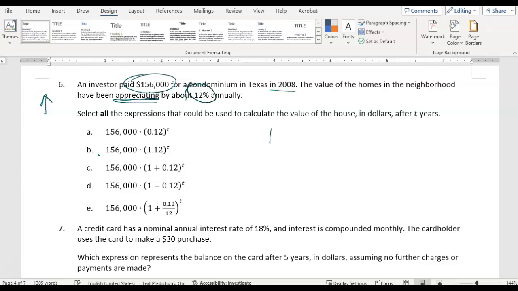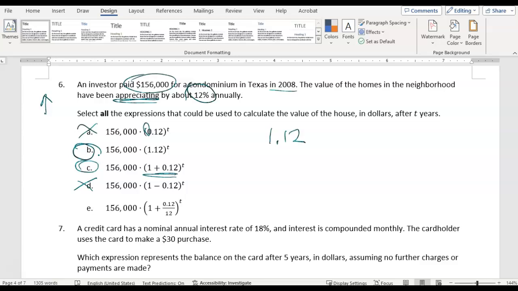So our factor would be 1.12, right? So this one is not correct because we are missing that 1 in front of it. We can see B is correct. C is the same thing. 1 plus 0.12 is 1.12. Now here we're subtracting. That would be if it said depreciating, but it says it's appreciating. So that is not true there.